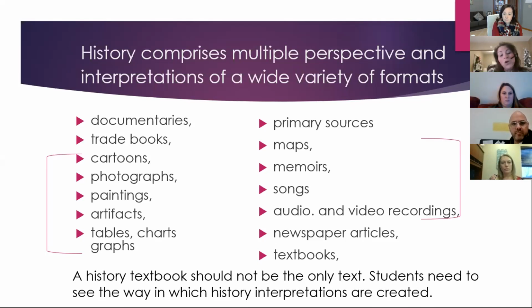So when you look at the things that I have bracketed to the side, there are a lot of things besides just books or text or articles to consider. Political cartoons, photographs, paintings, other artifacts, tables, charts, graphs, maps, memoirs, songs, audio and video recordings. All of that just makes social science come alive in the classroom. So pairing that with your history textbook or a primary source allows for deeper meaning many times and for a little bit more engagement.